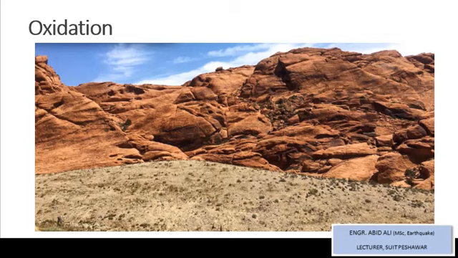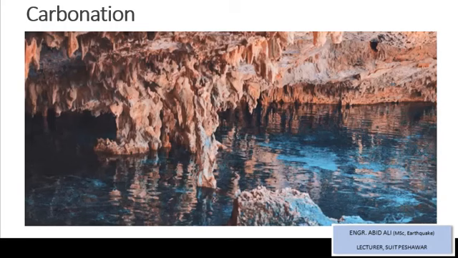And then finally we have carbonation. Carbonation is really interesting, as it is responsible for the formation of these fascinating, beautiful limestone caves that we see around the world. It's basically when water flows through the ground and reacts with different materials in the soil to create a very mild acid.